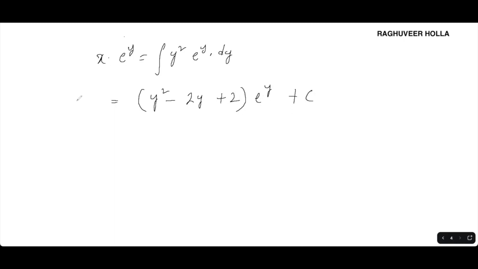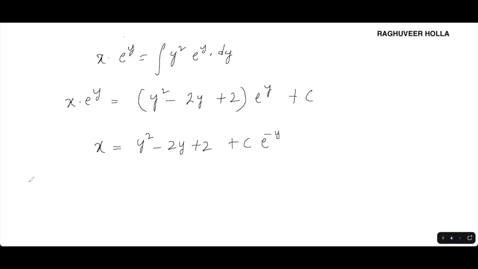Okay, this is x into e to the power of y. Now, taking e to the power of y to the right hand side, this cancels out. So you get x is equal to y square minus 2y plus 2 plus c into e to the power of minus y.